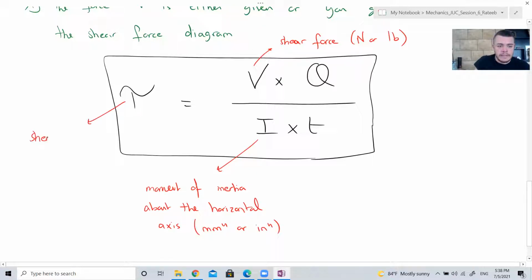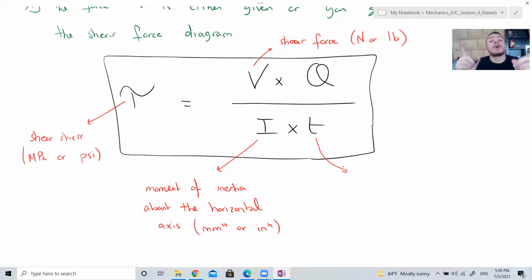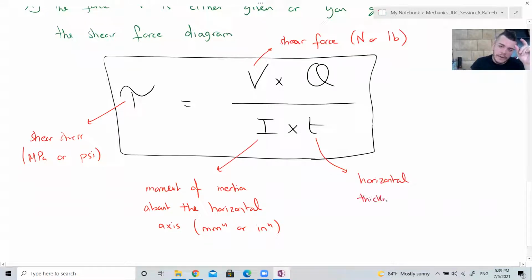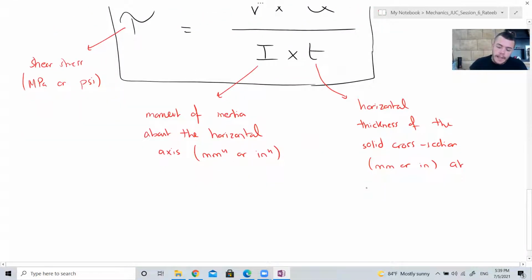Tau in here is the shear stress, which is either in megapascal or in PSI. And T in here is the horizontal thickness of the solid cross section, either in millimeter or inch, at the point of interest.